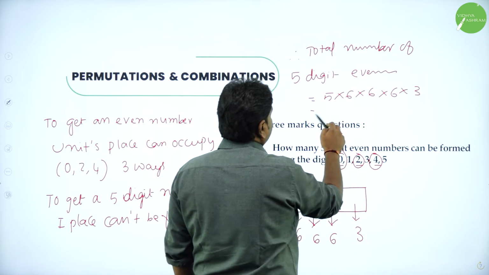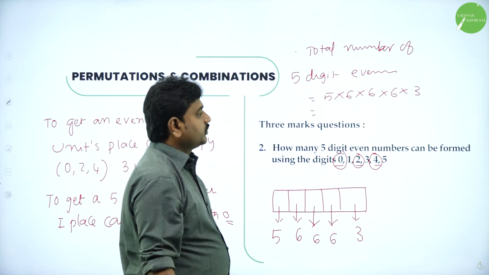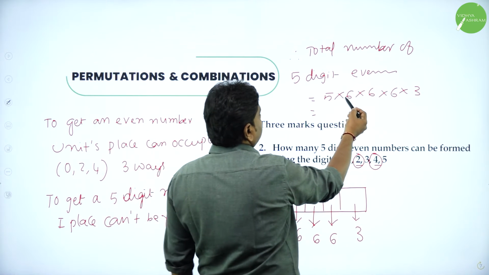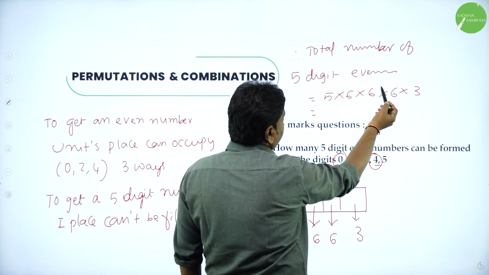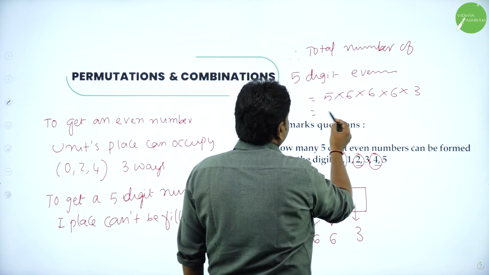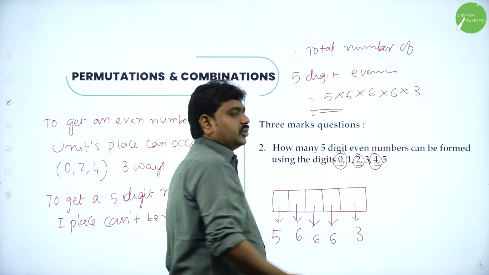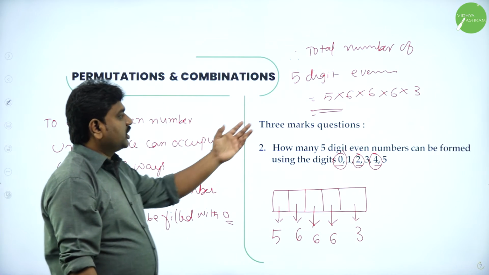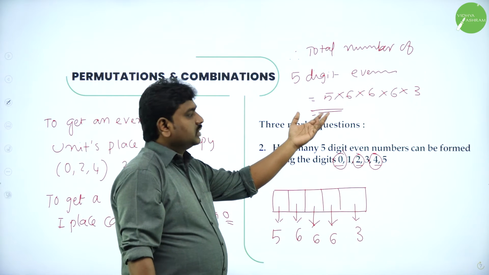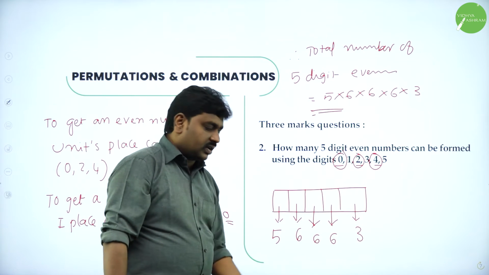Use a calculator, multiply and write the answer. Or 5 6s are 30. 30 into 6, 180. 180 into 6 into 3. Do the multiplication and write the value. So logic, if you are thorough, is more than enough for me. Then multiply; you can use a calculator or multiply it and write.